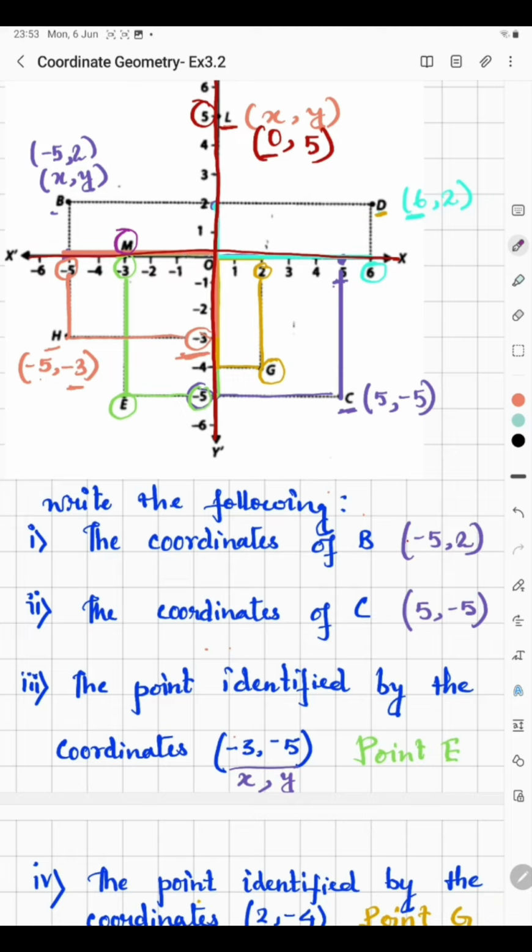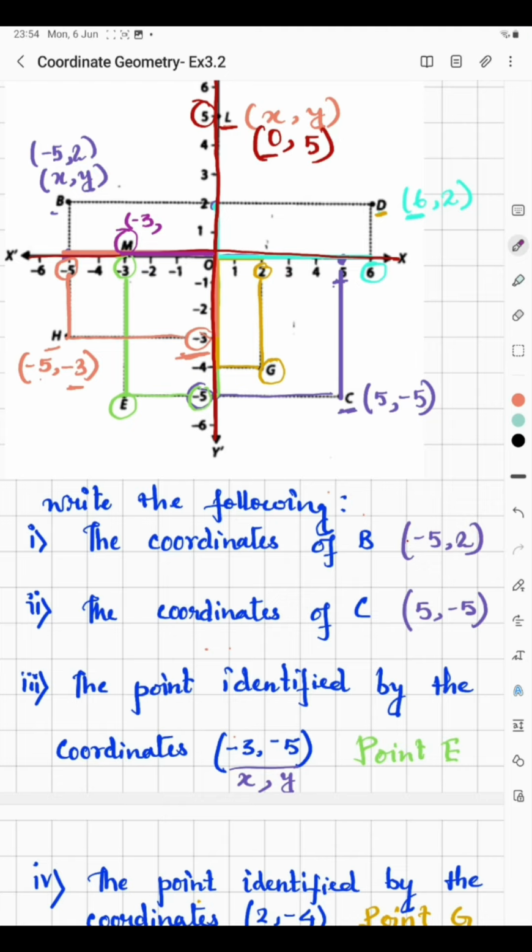Since M lies to the left of the origin, we'll go up to -3. So the coordinates of the point M will start with -3, which is the value of x. Now what will be the value of y?